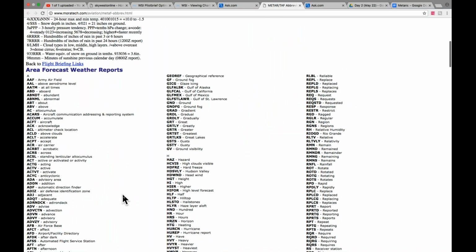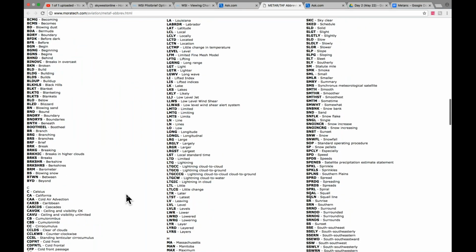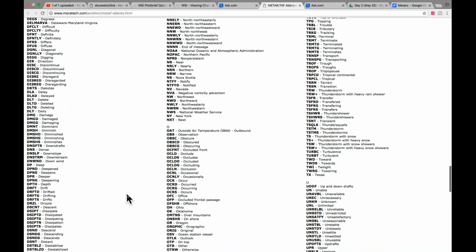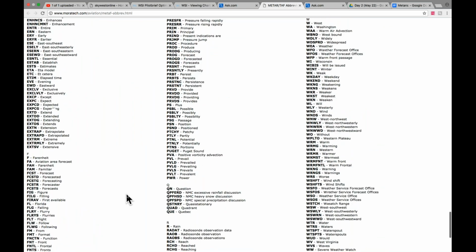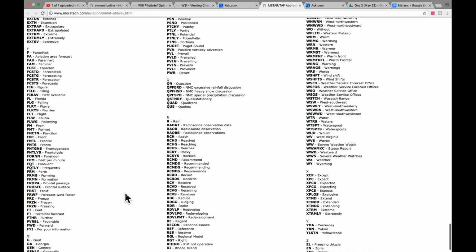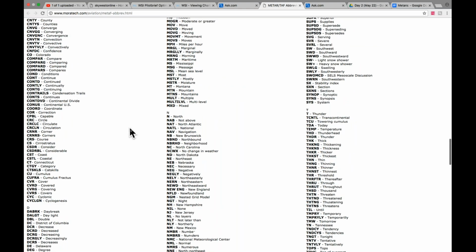And then this is just a list of other abbreviations that might randomly pop up. This is where I have to go back and refer to this list, because there is no way I'm going to remember all of those, right? Look at that, extreme, extremely. There's no way you can memorize all 1,000 of these.